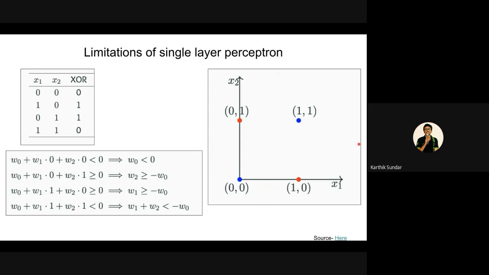A line is not able to divide this particular plane to create an XOR function. So this was the limitation of a perceptron, which means a single layer perceptron can only learn hyperplanes if the data is linearly separable. If it is not a linearly separable function like an XOR function, a single layer perceptron will fail.